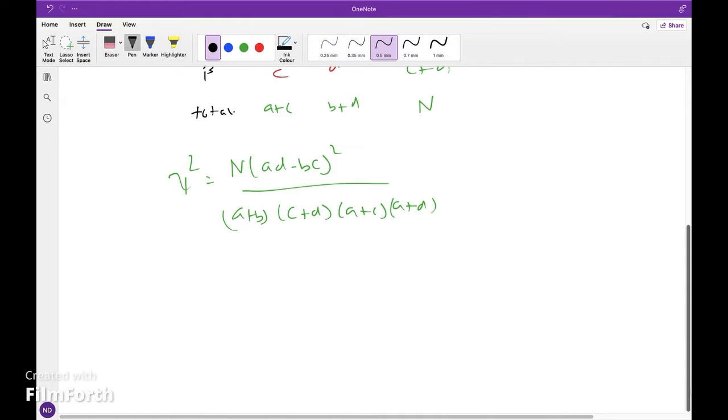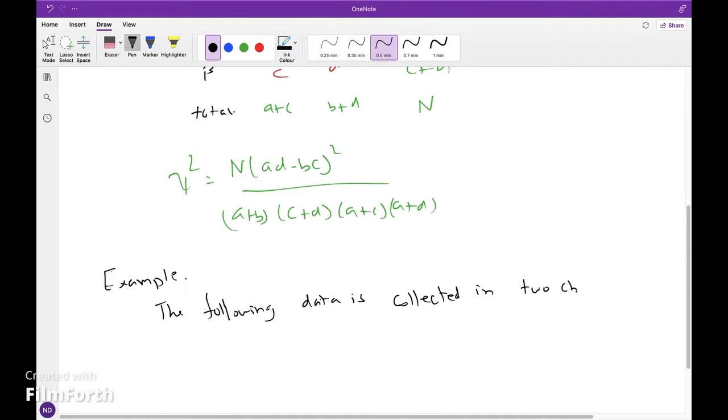Example: the following data is collected on two characteristics.